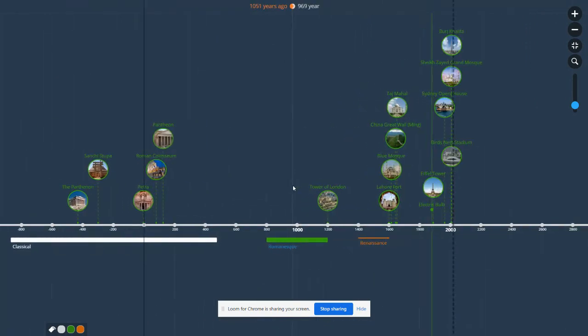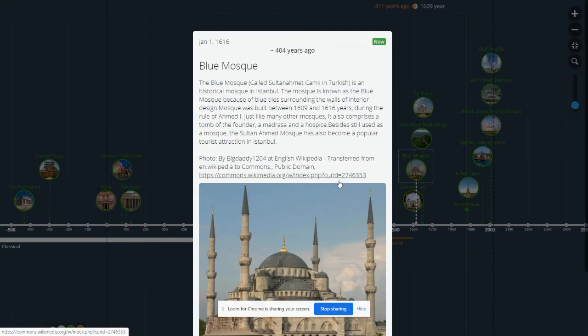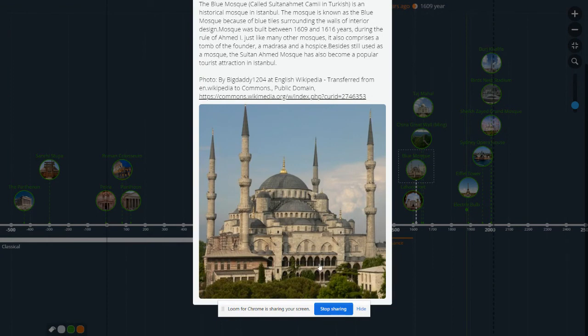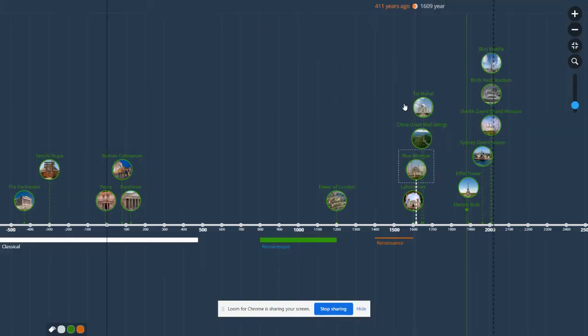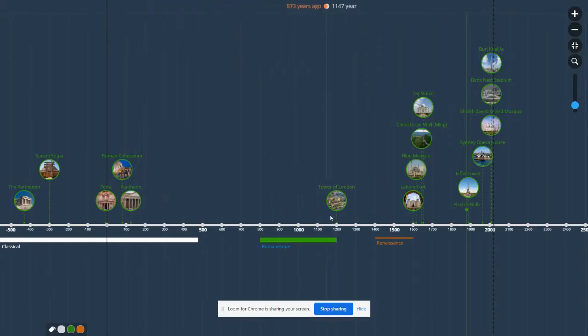And I'm not going to go through all of these, but I'll just mention maybe one or two things before I can wrap up here. When you see the buildings that are spread far apart, for example, from the Roman Colosseum all the way to the Blue Mosque, this beautiful building, it's quite stunning. But you can see the Tower of London, more than 1,000 years after, say, the Colosseum.